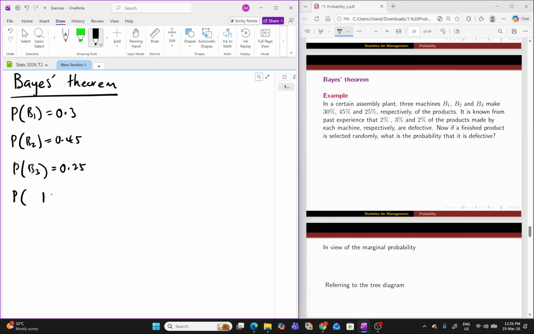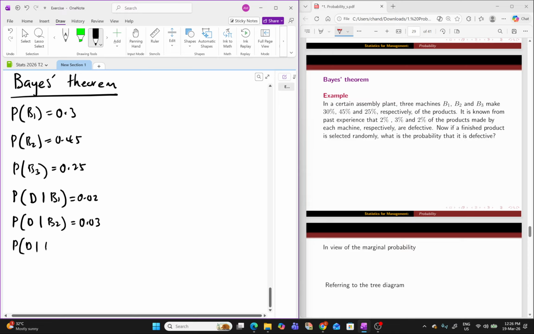So given that a product is made by B1, what is the probability of it being defective? 0.02. Okay, 2, 3 and 2. So these are the information we get.